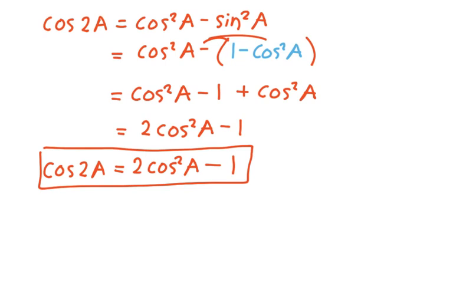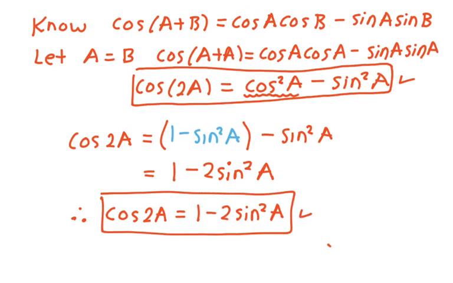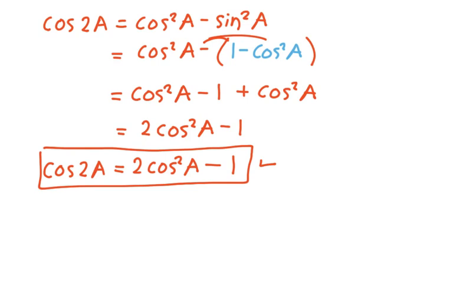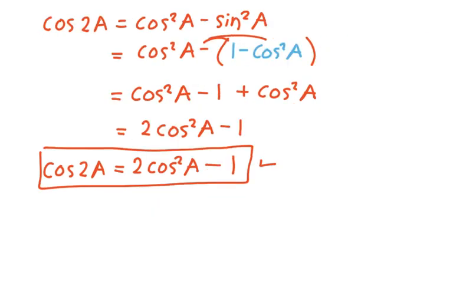Okay? Now, let's talk about this and this. In both cases, what I want to do is solve, in the first one, for sine squared a, and in the second one, for cosine squared a. Now, if we have cosine 2a is 1 minus 2 sine squared a, I'm going to subtract 1 on both sides.